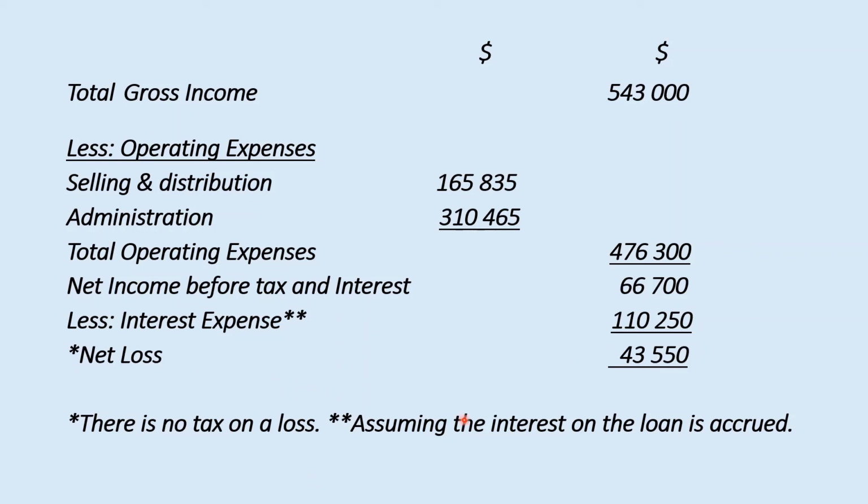But if we assume that the interest on the loan is not accrued, then what we have to do is charge the tax on the $66,700. Okay, so coming up next, the current assets and the current liabilities.